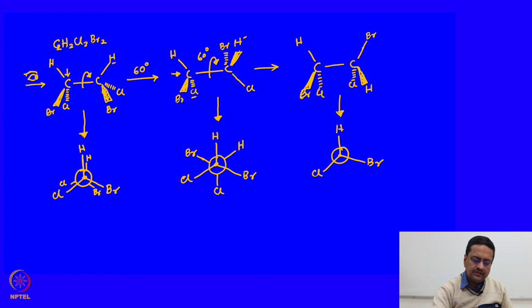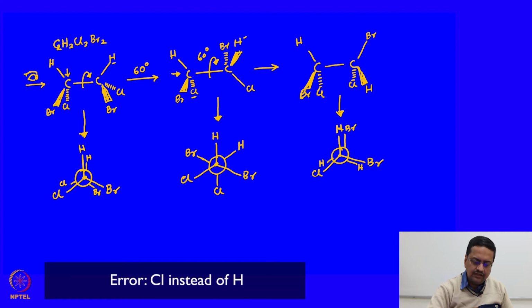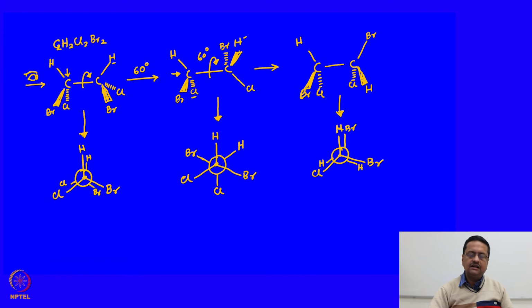But the back carbon, hydrogen is behind, bromine is behind hydrogen, and then for the front carbon, the back side is hydrogen here, and the chlorine and chlorine are in eclipsed conformation. So, this is how we can convert the Sawhorse projection to Newman projection.